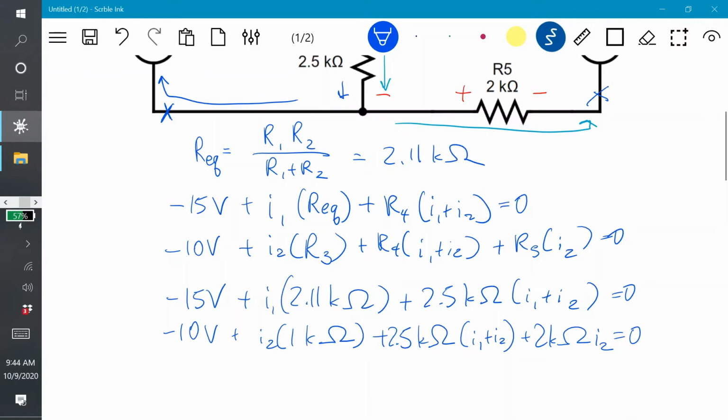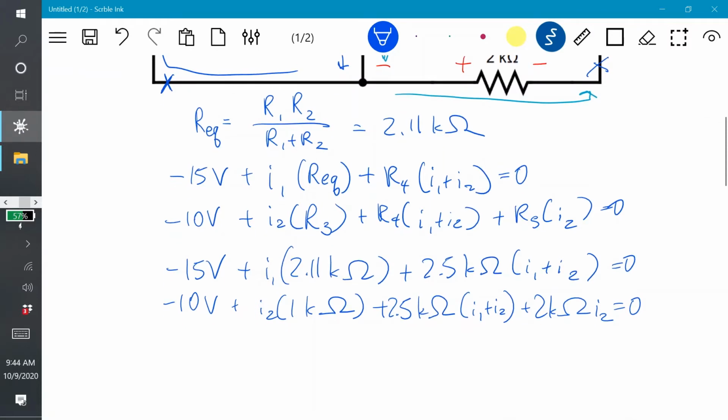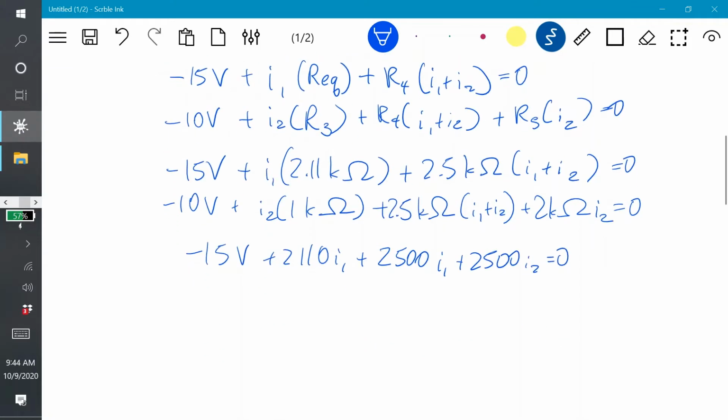Okay, so I'm just going to distribute. So for the first equation, it's going to be negative 15 plus 2.11. Well, it's kilo ohms, so I'll just do I1 plus. Of course the units for these are ohms.